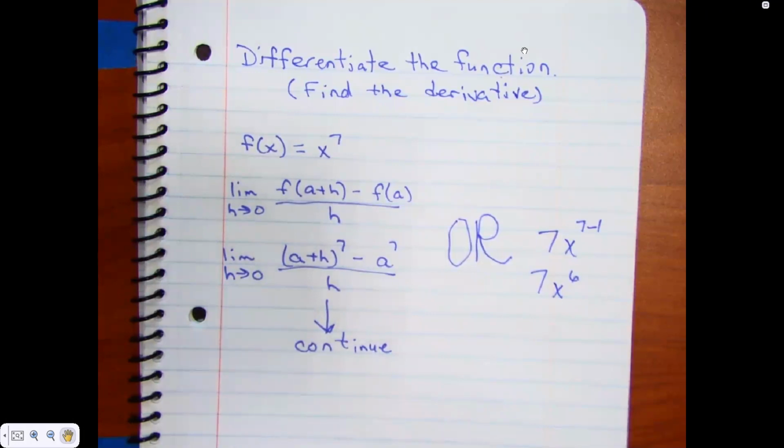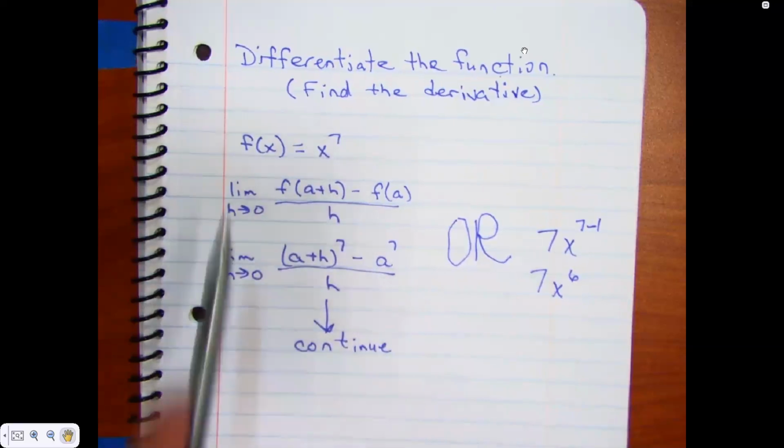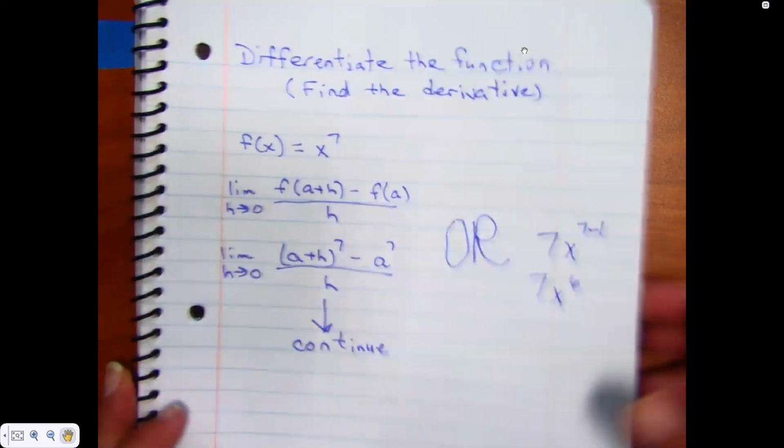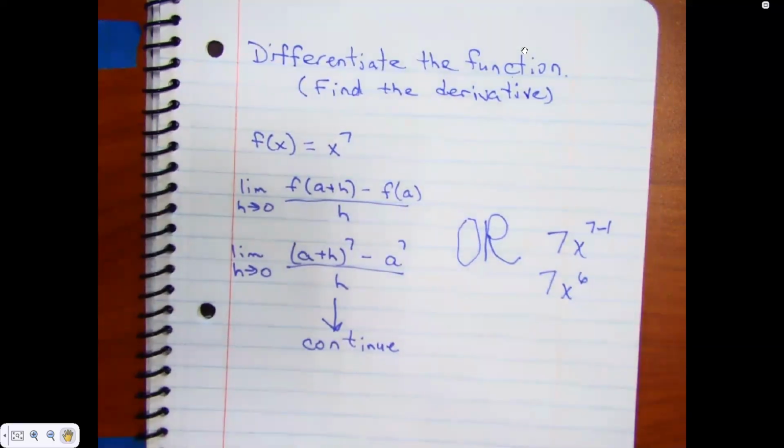Same thing. It gets us the same exact answer. So you can choose. I think this one's a little bit easier. You will have to do one of these on the test, but it'll be one that we kind of covered in class. But I am going to have you do one where you have to do the limits. But understand that this power rule is taking the place of the limit, okay, instead.